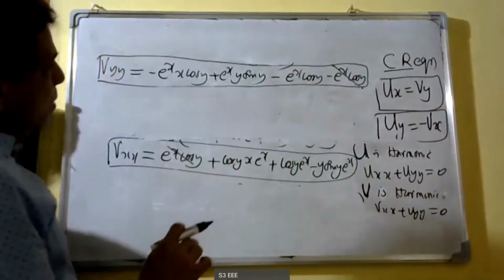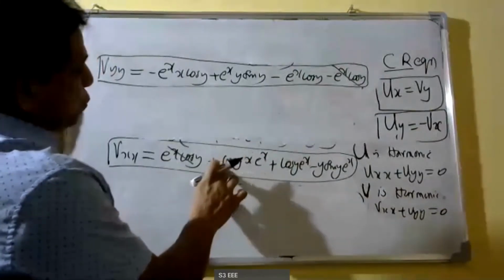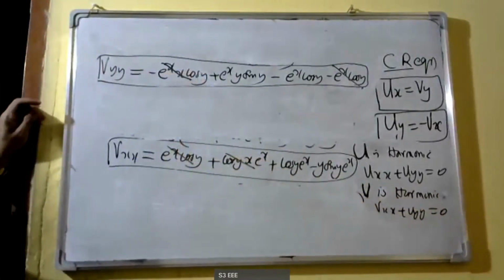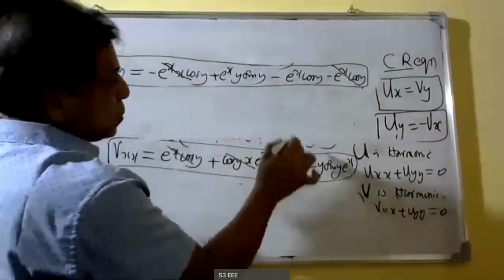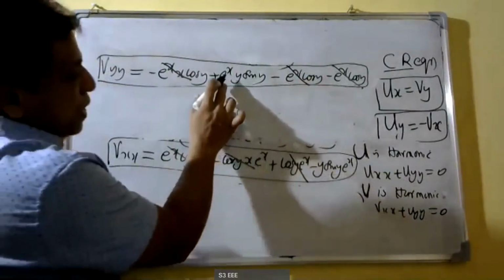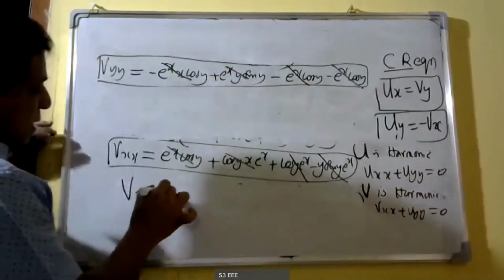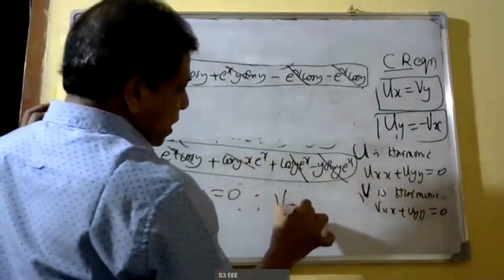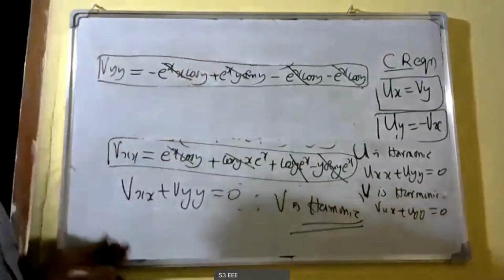Then cos y into x into e raised to x cancels. Cos y into e raised to x cancels. Then e raised to x into cos y plus e raised to x into cos y cancel. Then y sin y e raised to x and y sin y e raised to x cancel. Therefore, Vxx plus Vyy equal to 0. Therefore, V is harmonic.